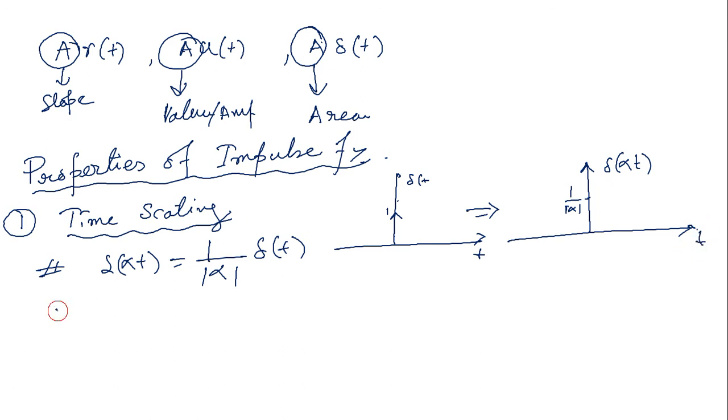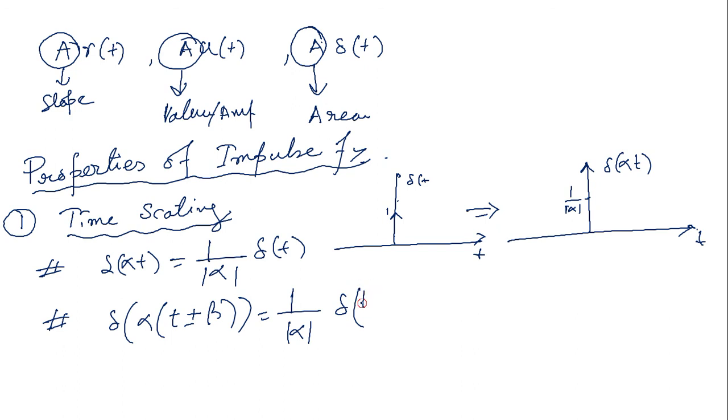This is a mathematical formulation. Whenever we get this type of equation, you can write this. So if I get delta of alpha t plus minus beta, you can directly write 1 by mod alpha delta of t plus minus beta.